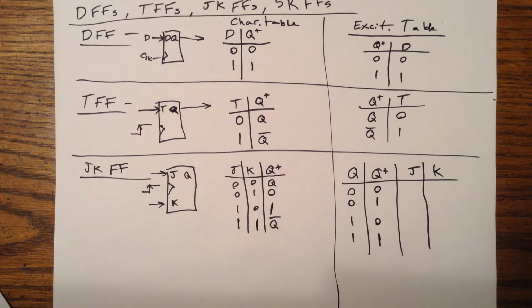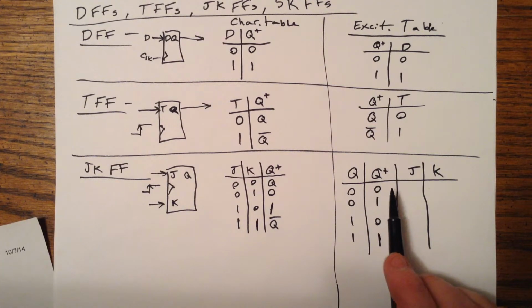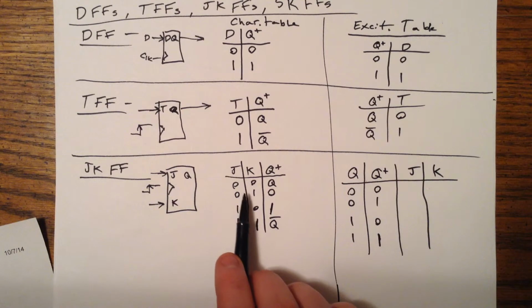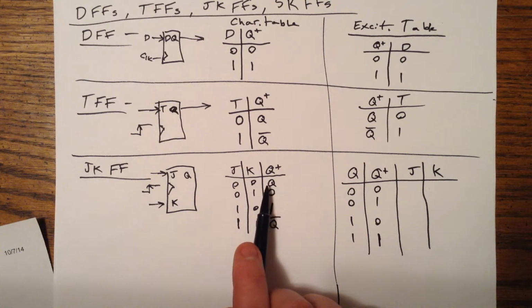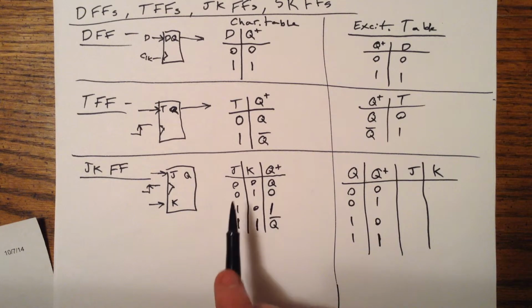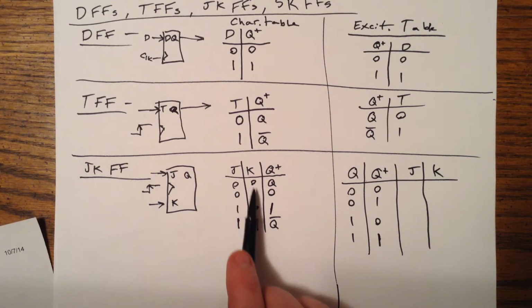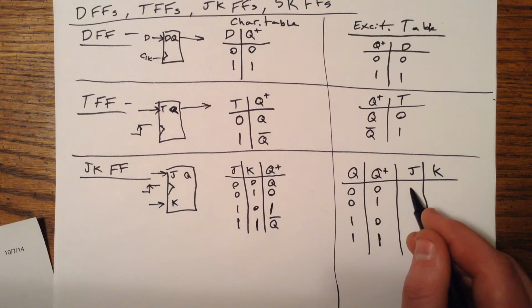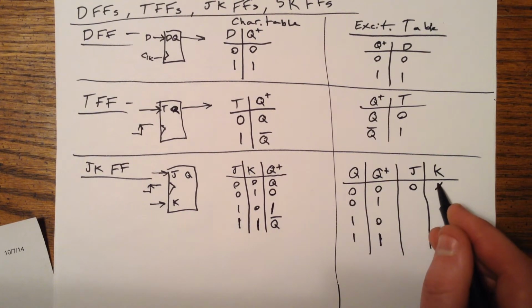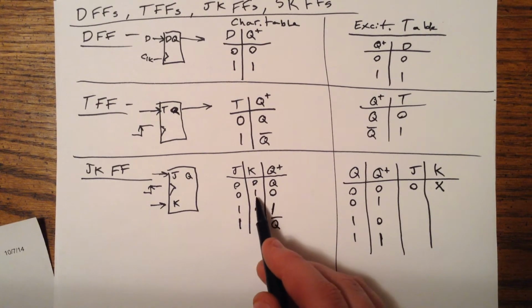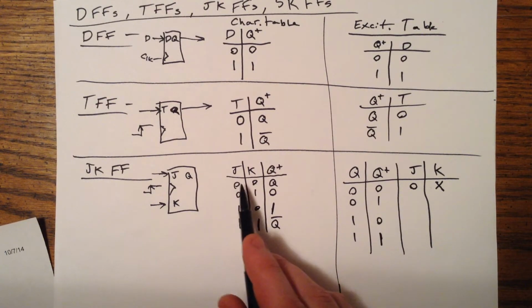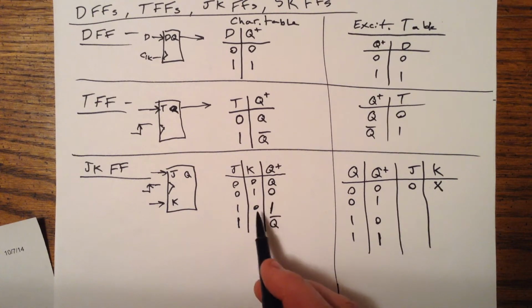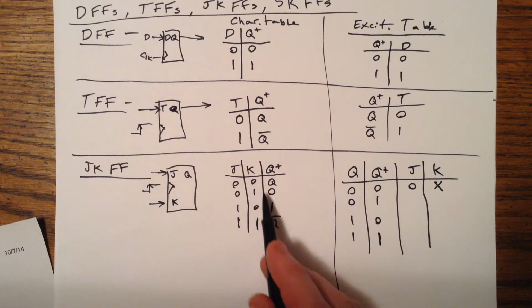So if we're looking at our present state, next state table, and we see that the present state was a 0, and the next state is a 0, well then we know a couple things. If it stayed the same, then J was a 0, right? But we also know that it's returning a 0, so we know that J was a 0 and K could be 1 or 0, right? As long as J is a 0, we don't care what K is. J's a 0 here as long as we're returning what it was before. Then we can also see that K can be a 0 or a 1.